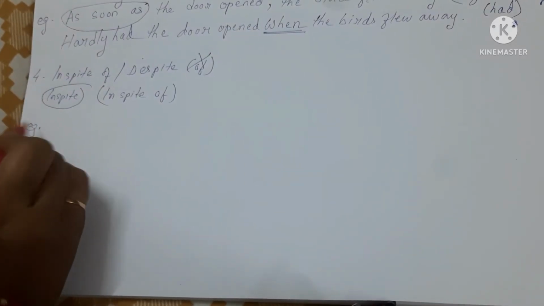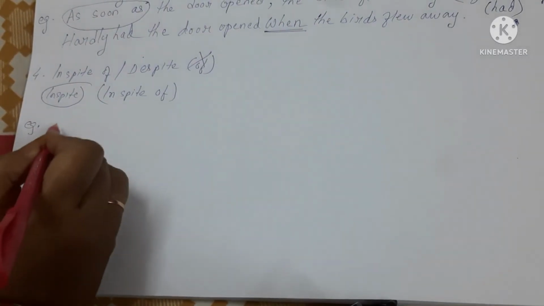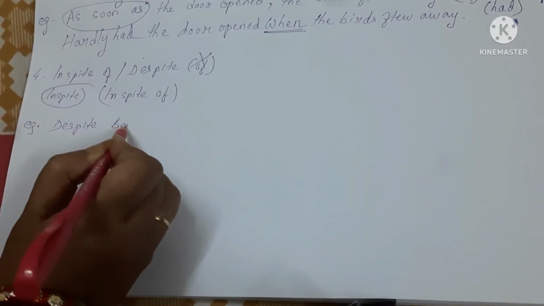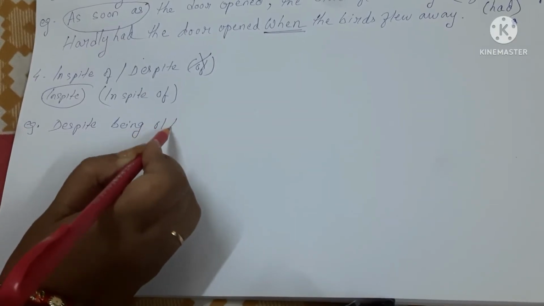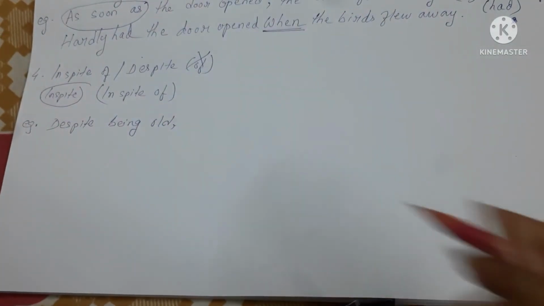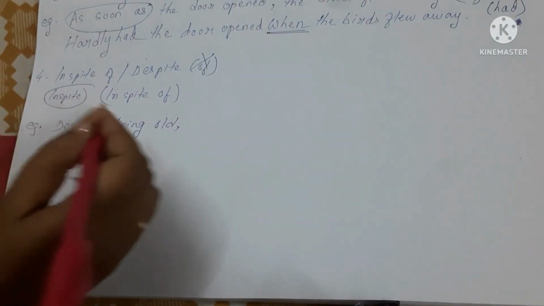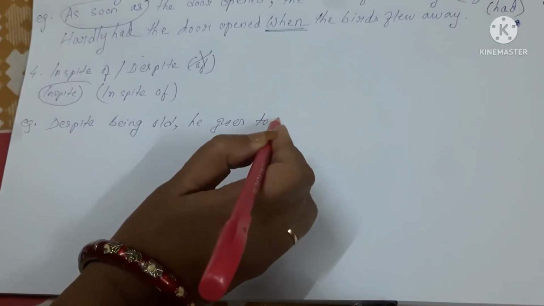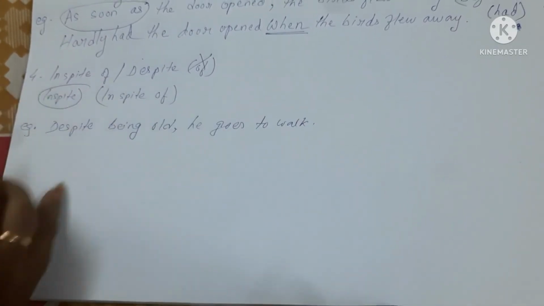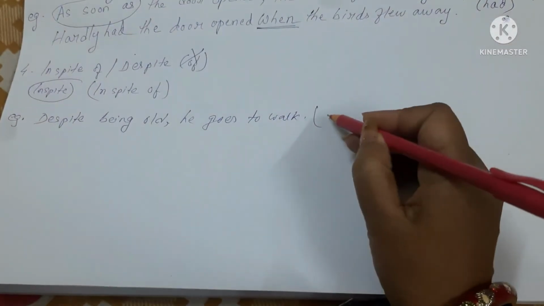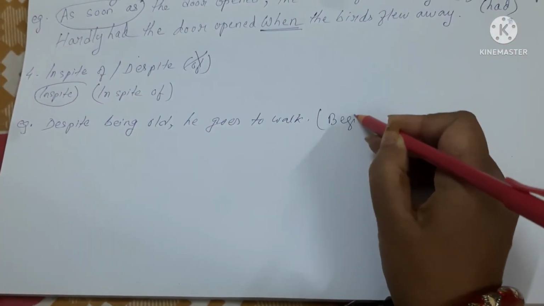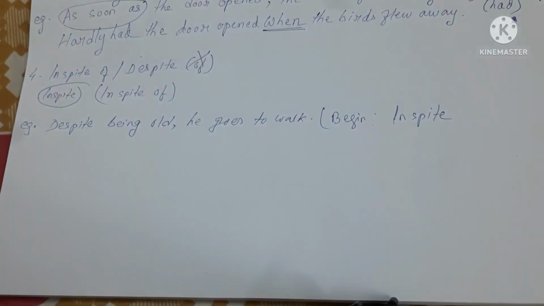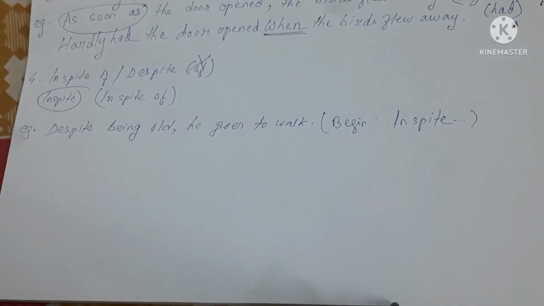Now, let's take an example. Despite being old, comma, he goes to walk. The instruction given: begin in spite, dot dot dot.